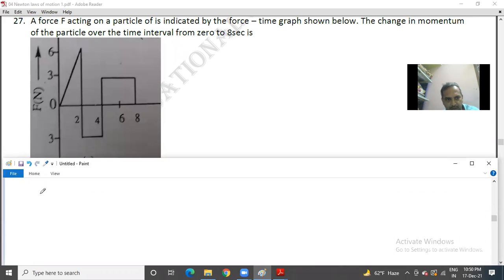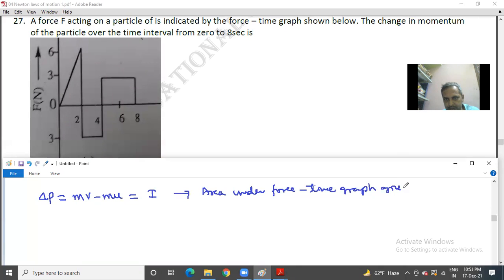So get back the formula, change in momentum, delta P is equal to mv minus mu. So change in momentum is numerically equal to impulse. So we have to find out impulse from the graph. So once again, remember that the area under the force time graph gives impulse.